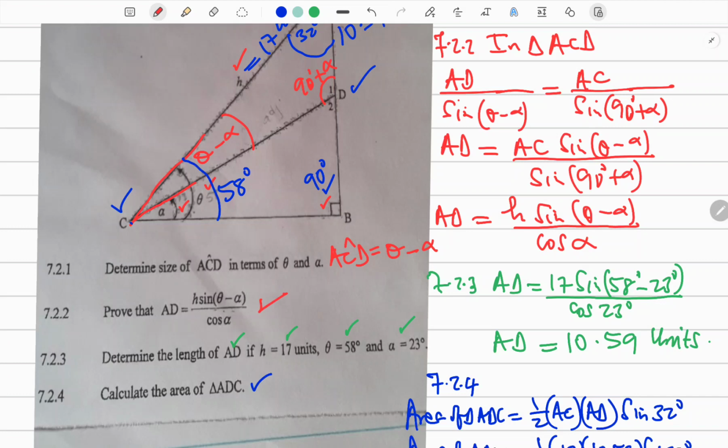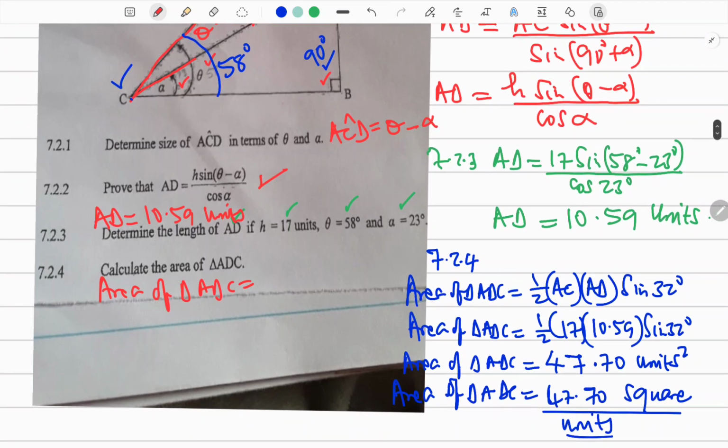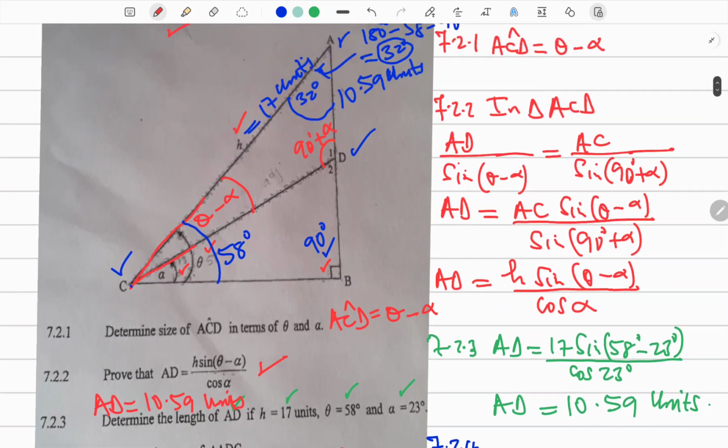The length of AD, as required, we found to be 10.59 units. The area of triangle ADC, we found clearly to be 47.70 square units. And that is the result. So we've answered the question in full.